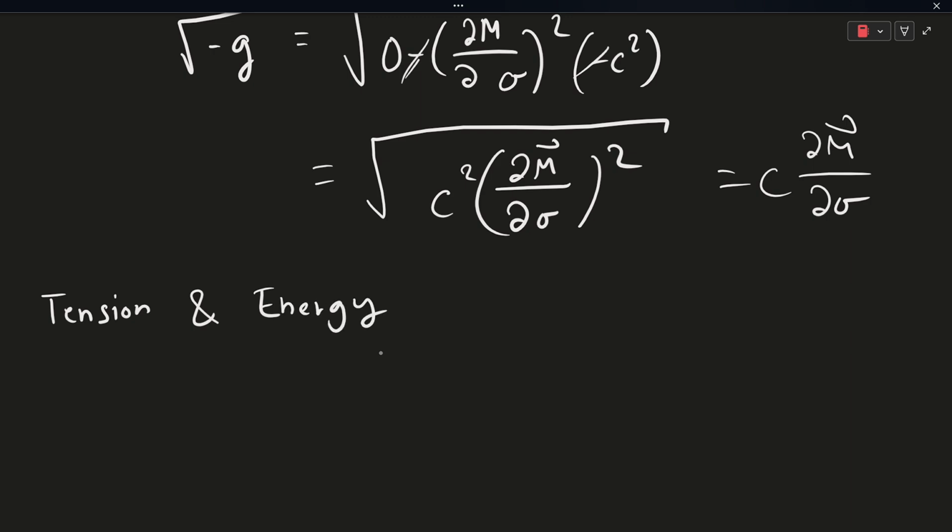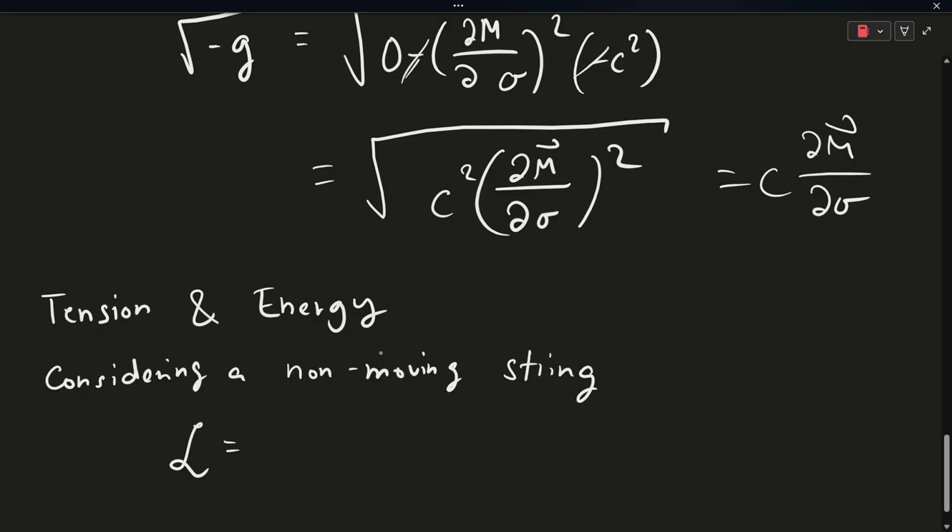For this example, we're going to be considering a non-moving string. And because it's non-moving, the Lagrangian is essentially just the potential energy.